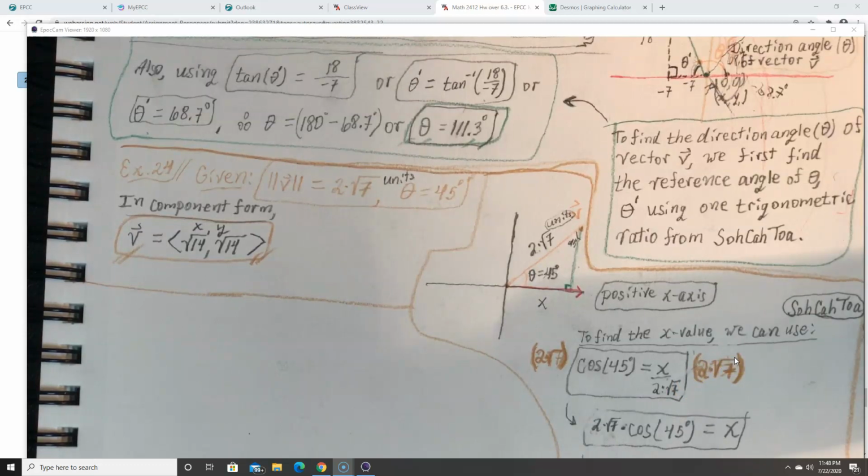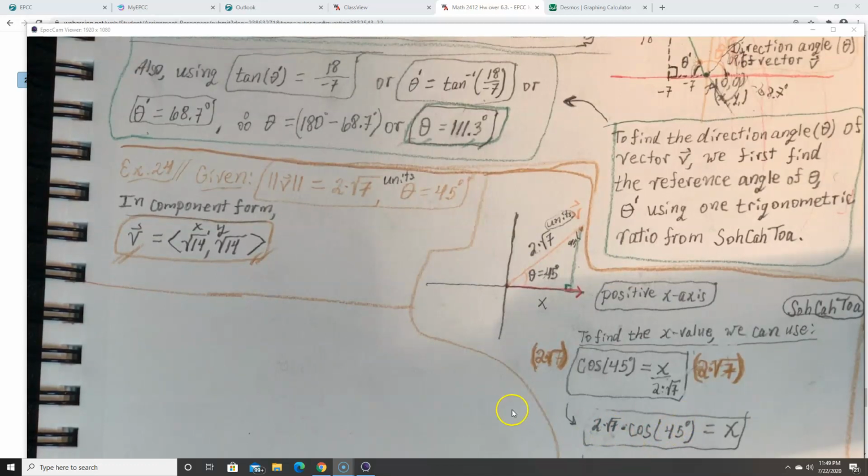Hope that's okay. 2 times the square root of 7 divided by 2 times the square root of 7 is 1, or 1 times what's left in the numerator, 1 times x. You don't have to write the 1, so it's just x. Over here now, you multiply 2 times the square root of 7 times cosine of 45 degrees.